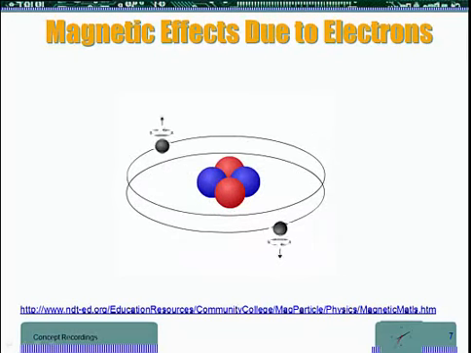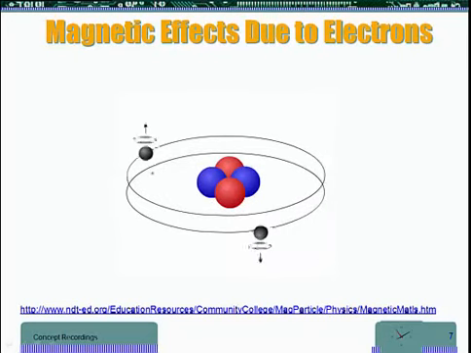As a result, as they orbit, one is going to orbit the nucleus in one direction, the other is going to orbit in the opposite direction. As a result of that, the magnetic fields due to both of them are going to be opposite and are going to cancel each other out.